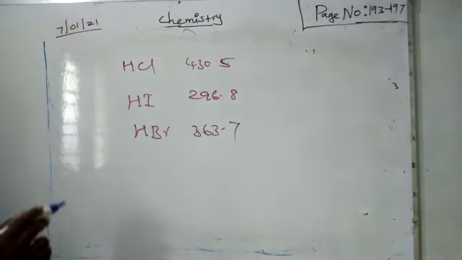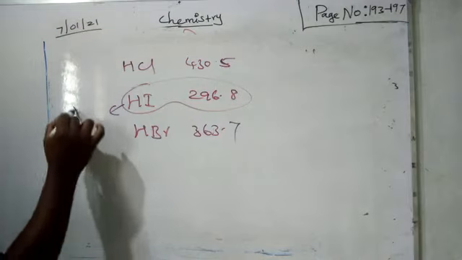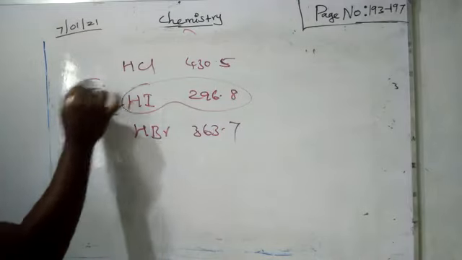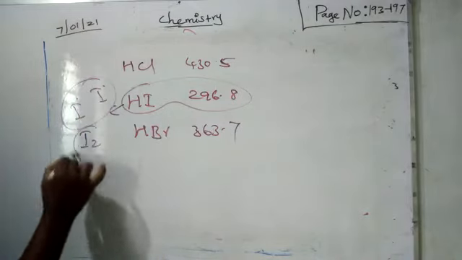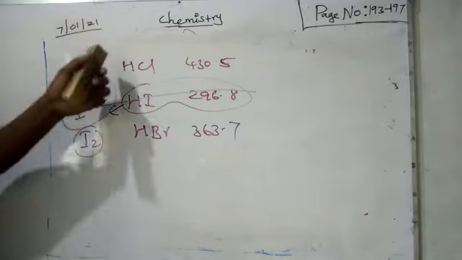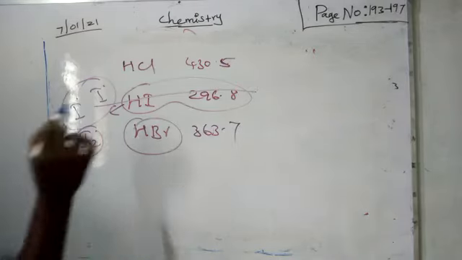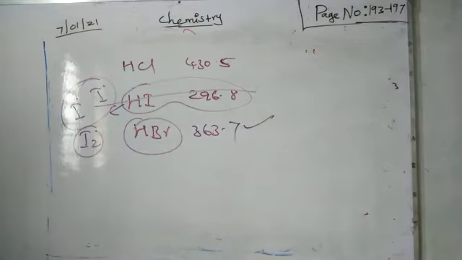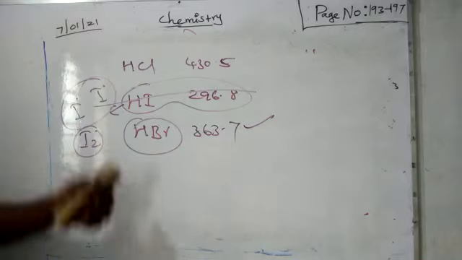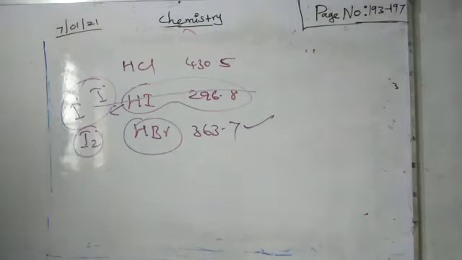So which one is the least energy? HI. But we already know the iodine free radical will combine as iodine, so it is not possible for the addition reaction. If you compare which one has less energy, HBr. That's why always in the addition reaction we are using HBr. But HCl and HI are not suitable for this peroxide effect.